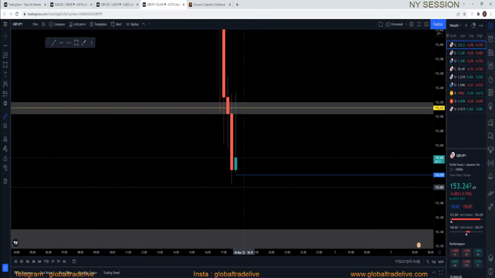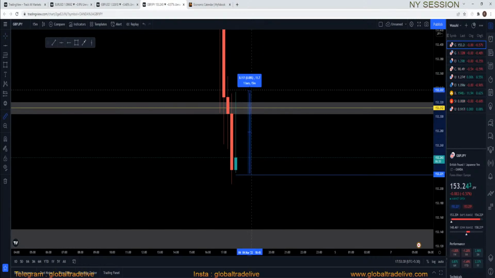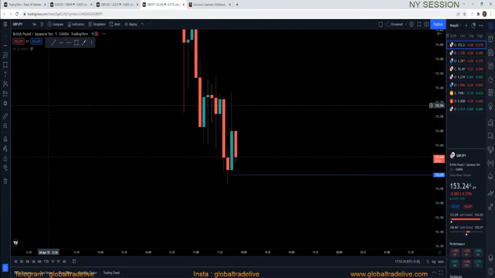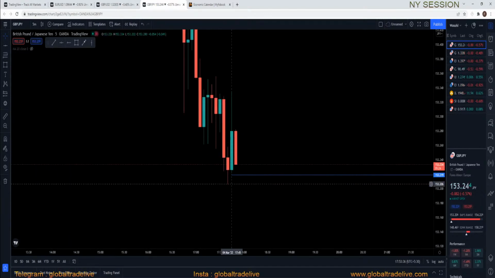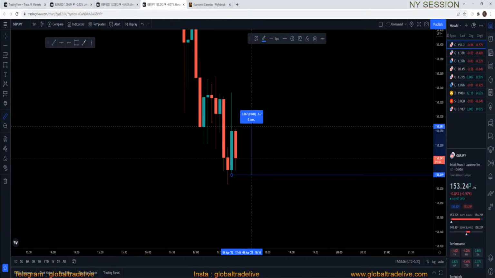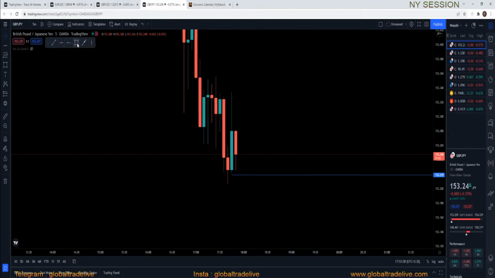So if I get a trade over here, then where should be the stops? That will be the 5-minute candle breaking the low of the previous one. I think I'm gonna keep my stops above the current 5-minute candle high, which will be around like 6.7 pips.